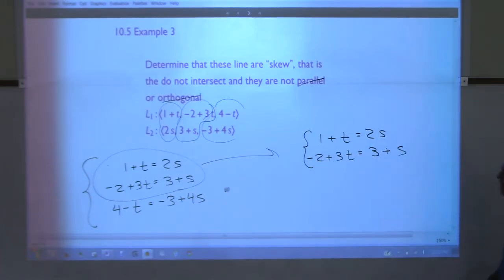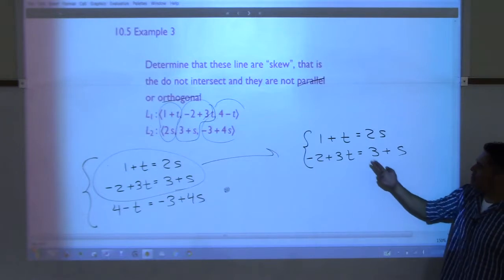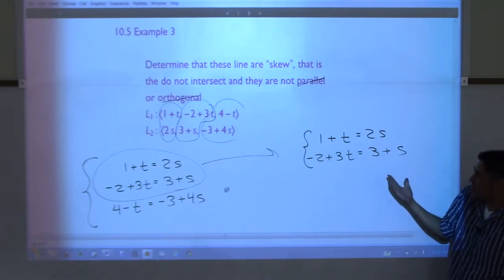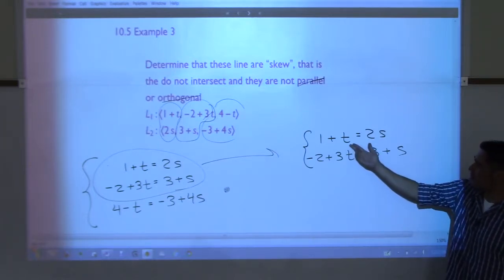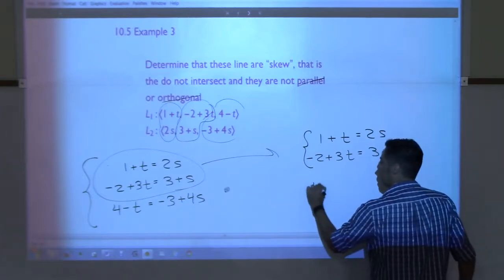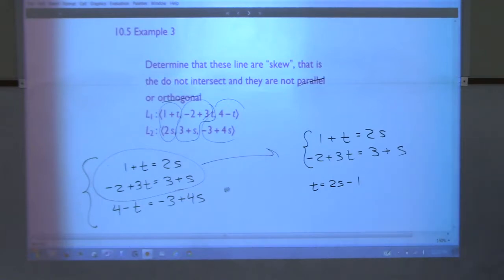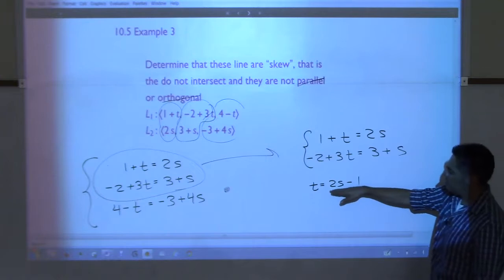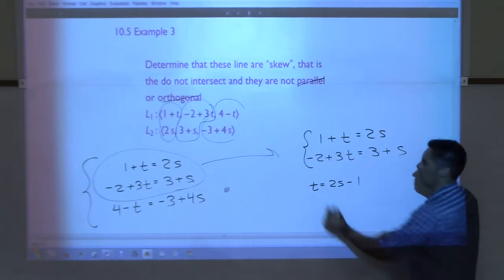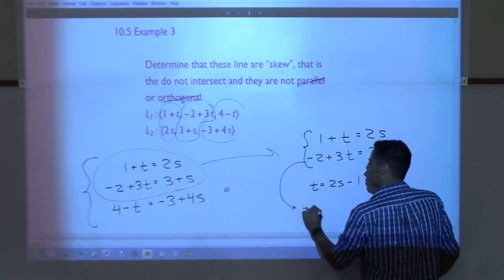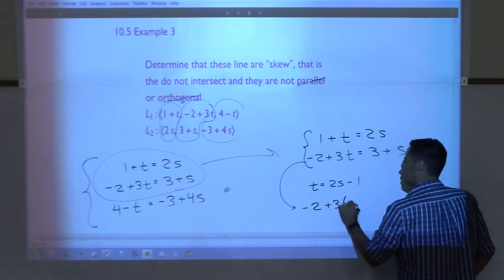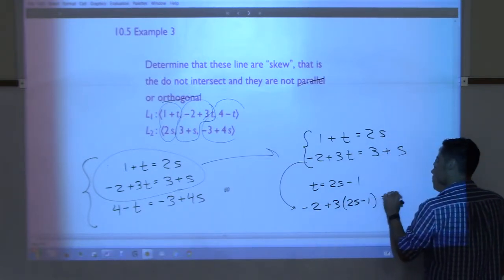So we have different methods for this: elimination, substitution. It's really your call. I like the idea of just solving this for t. Is that okay with you? Yeah. If I solve that for t, I get 2s minus 1. I'm using substitution, which I prefer elimination, but substitution just seems to lend itself well to this problem. Once I substitute t is 2s minus 1, I'm going to plug it into the second equation. So negative 2 plus 3 times 2s minus 1 equals 3 plus s.